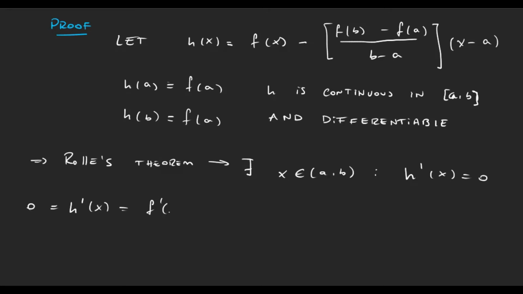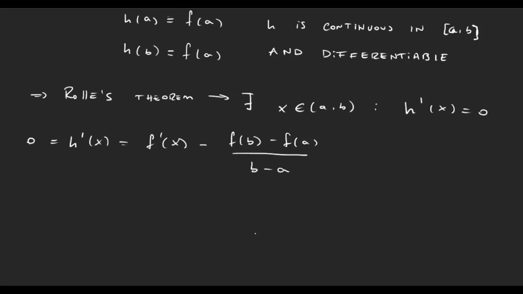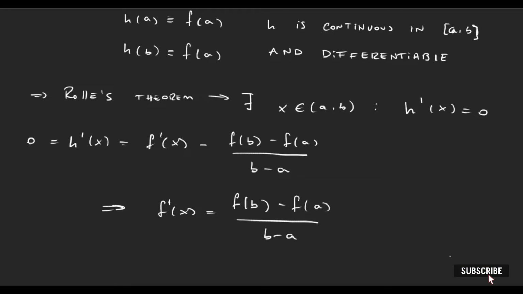So we have f prime of x minus, and this is a number multiplied by x minus a, so the derivative would be just this number. So now this is equal to 0, and then f prime of x is equal to this other number. And this is what we had as the mean value theorem.